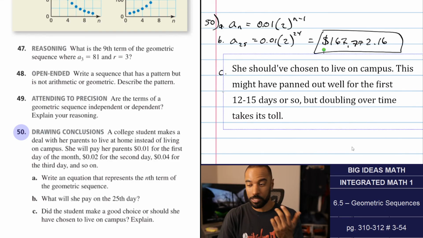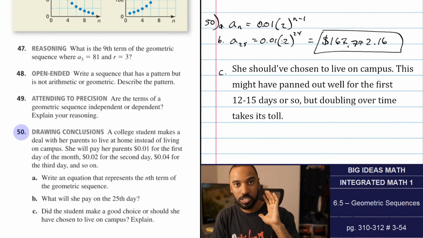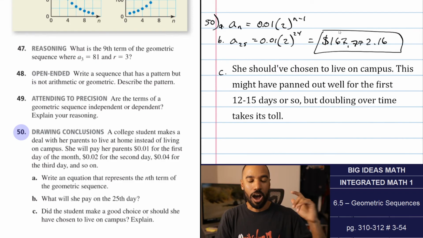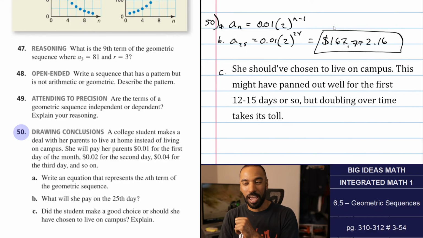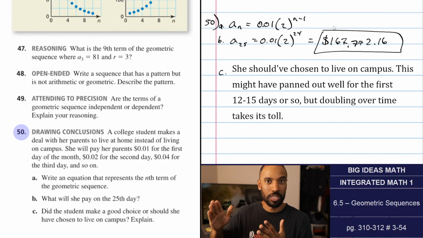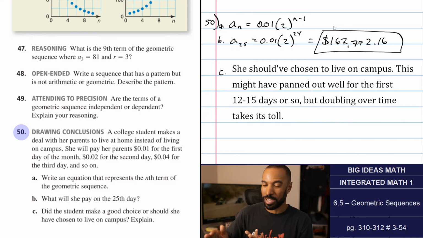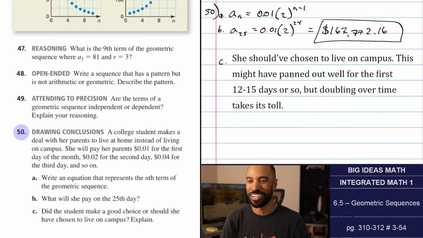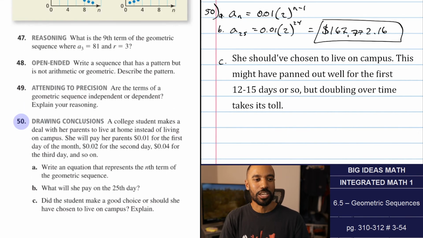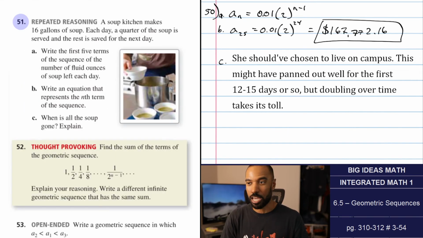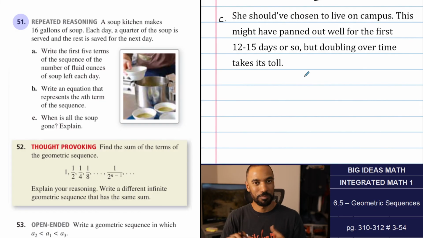Remember, this is just the 25th day. On the 30th day, she would have spent about $5 million, and that doesn't include the $2.5 million she spent on the 29th day. So she should have chosen to live on campus. Man, her parents were like, yeah. Listen, if she has that kind of money, great. Do what you got to do. That ain't me.